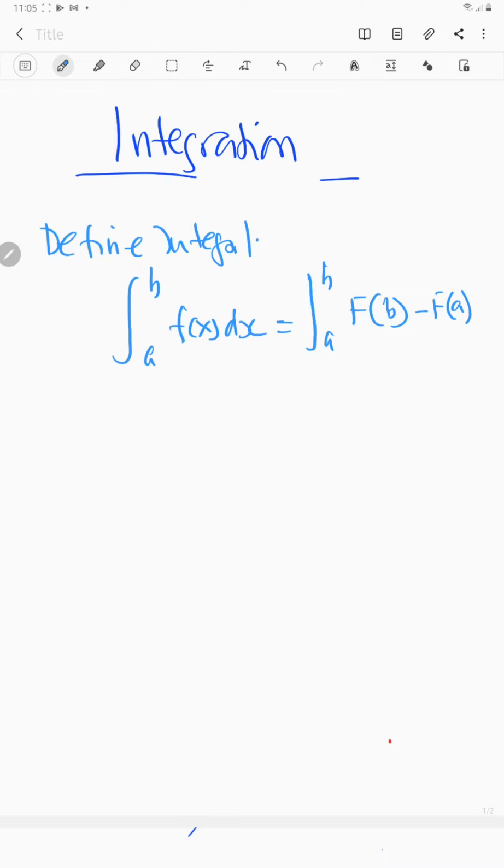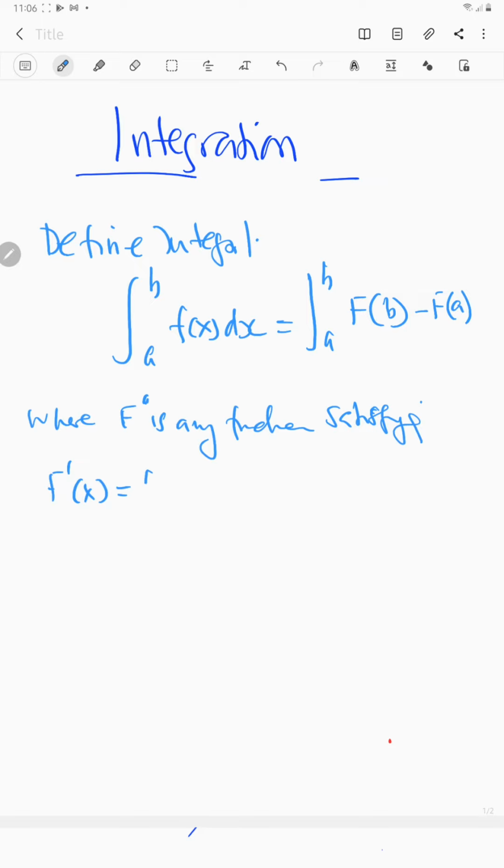So at the end of the day, you look at where F, sorry, is any function satisfying F prime of x equal to f(x) for all x in the interval a to b.